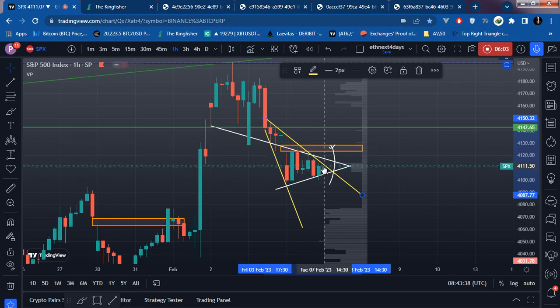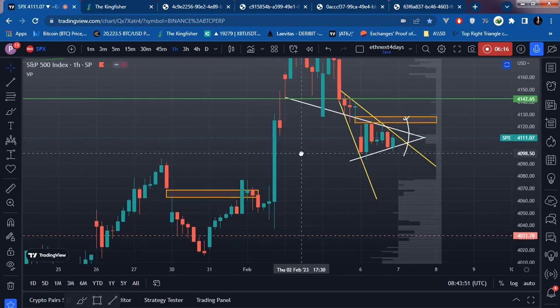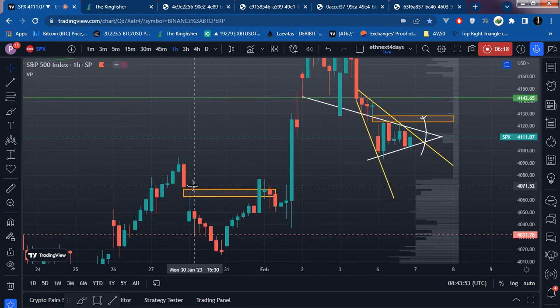So what I think is today we're going to start going a little bit lower and then we come back to fill the gap. And the same happened last week. So if you look at here, 2 weeks ago we closed here, right? And then last week we opened here on Monday.